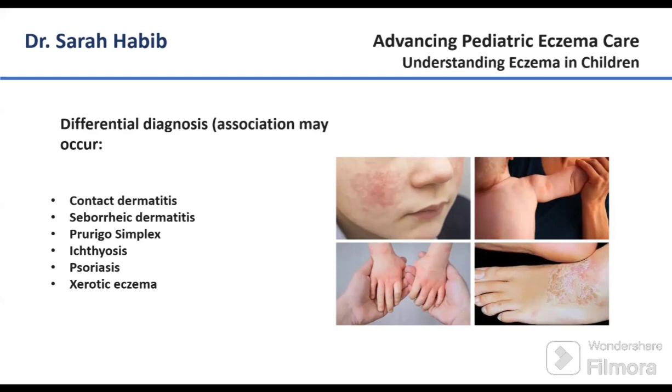Especially you have to look at the scalp because the features are very, very similar. Then there is xerotic eczema, which in simple terms is basically dryness of the skin. It can be, again, very confusing at times, but you have to look for three main features: pruritus, the long course, and typical morphology.